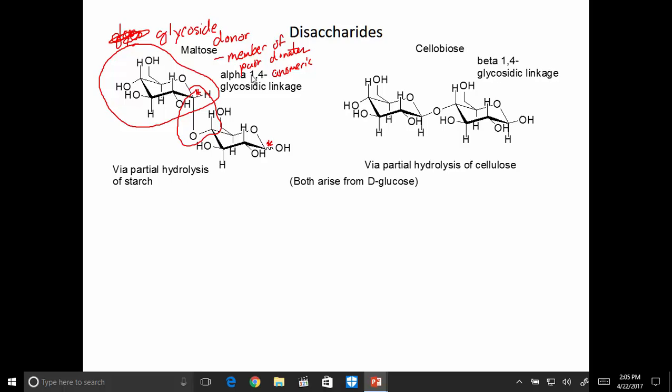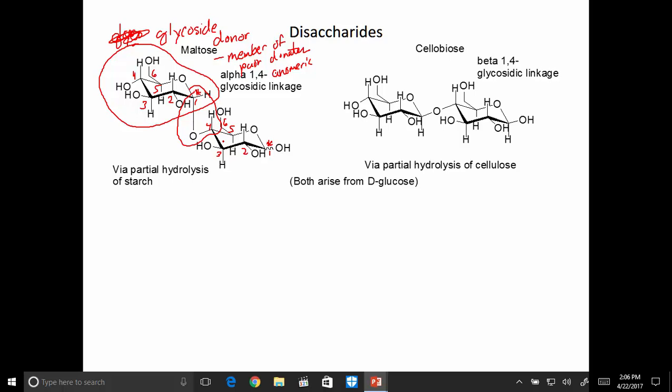What it means is that in the glycosidic donor, which is the first one, its linkage is in the alpha position. If we number the carbons here, you number from the anomeric carbon. What you see here is that carbon 1 of the glycosyl donor is connected to carbon 4 through the oxygen of the other molecule.